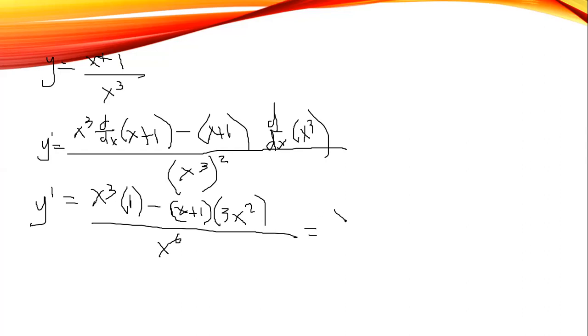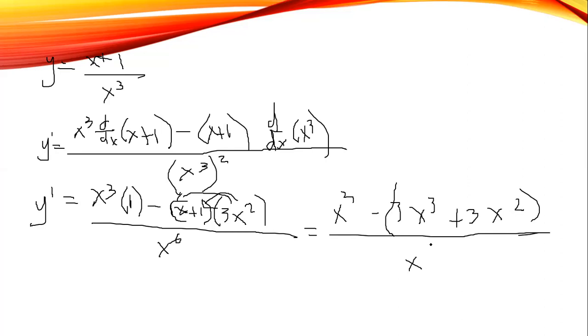So, now let's simplify this. X cube multiplied by 1 is equal to x cube minus x plus 1 multiplied by 3x squared. So, we will be using the distributive property. 3x squared multiplied by x is equal to 3x cube. So, don't forget the parenthesis because the meaning changes without it. 3x cube plus 3x squared all over x raised to the 6th power.